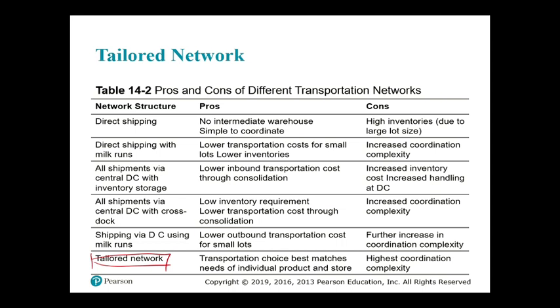So I can, for example, ship direct my high demand products and ship the low demand products with a cross-docking or intermediate DC location.